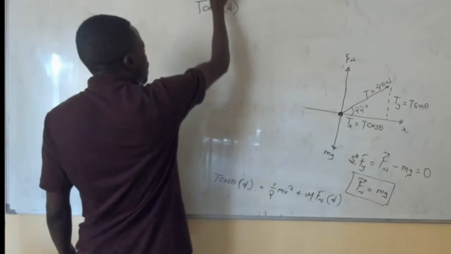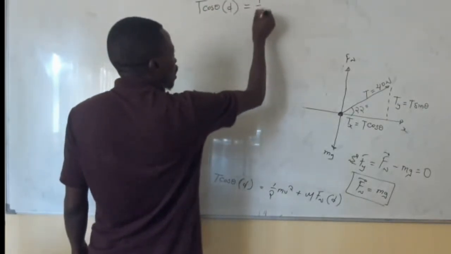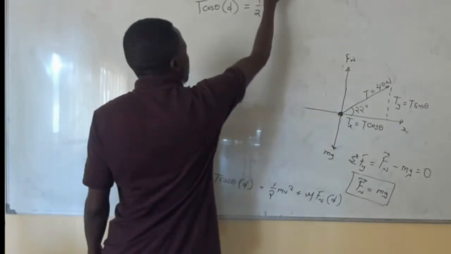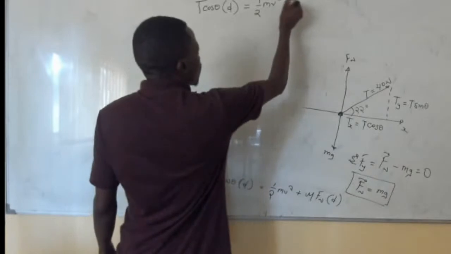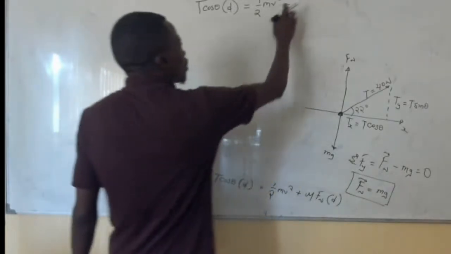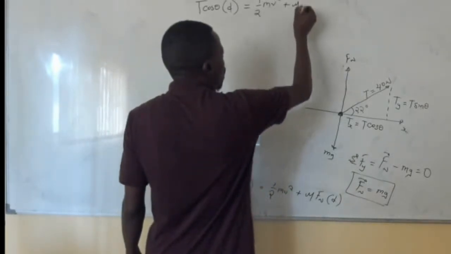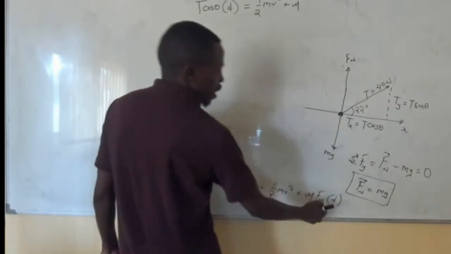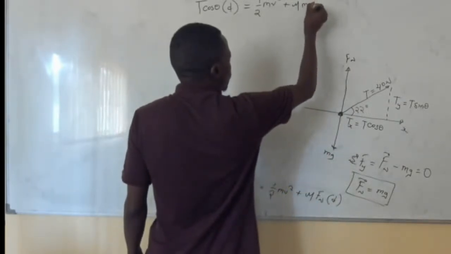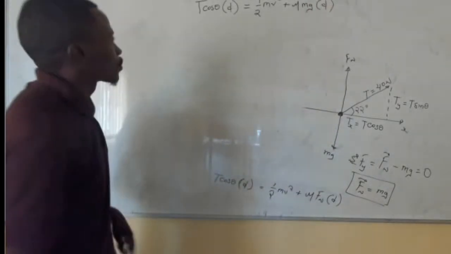So this is just the work done, which should give us half mv squared. Remember that this is the kinetic energy, plus the work done in moving our system against friction, which is mu, but Fn is mg, so we replace Fn by mg, then multiplied by the distance.